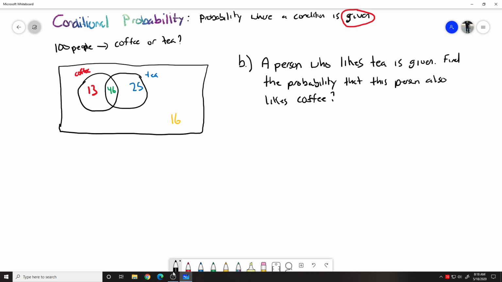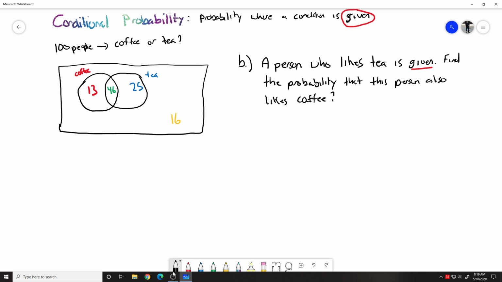Now you will notice what's different about this question is that it has the word given in it. It makes a given statement. It tells us that a person who likes tea is given. So that means out of your 100 people, we're given a person that likes tea. That's a condition. We've just been handed a condition, so we can no longer look at everybody in the survey.